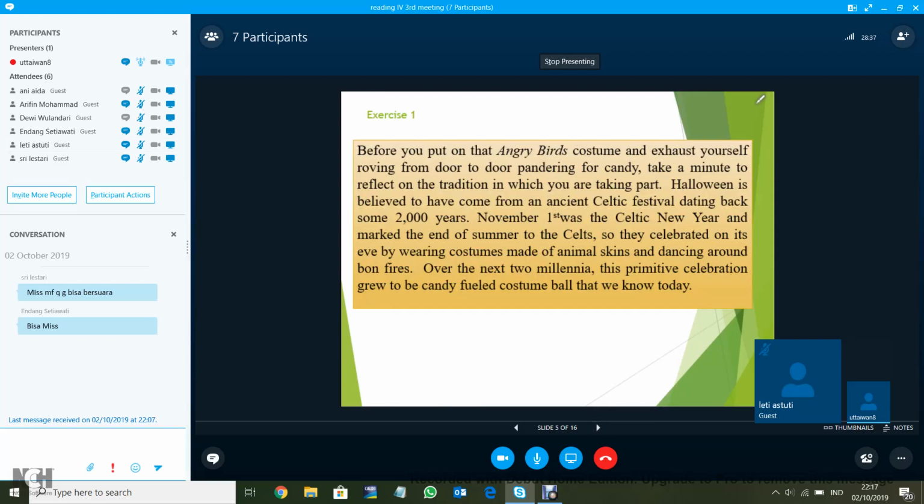Now we have exercise 1. Who wants to try? So this is what we did. What we're going to do first, we read, then second, we decide what the main idea is. Then the last one, we're going to translate. Who wants to try first?